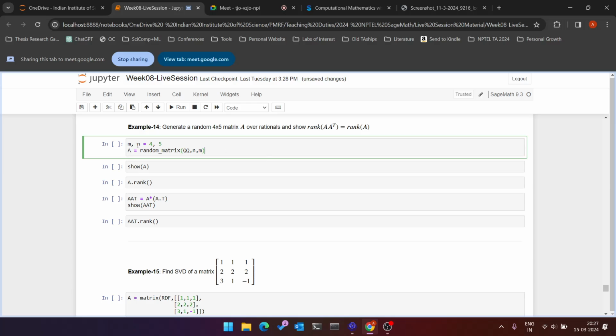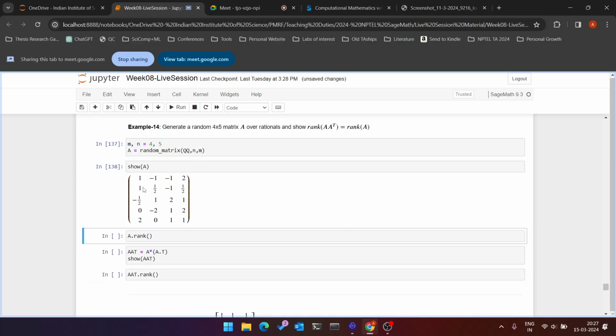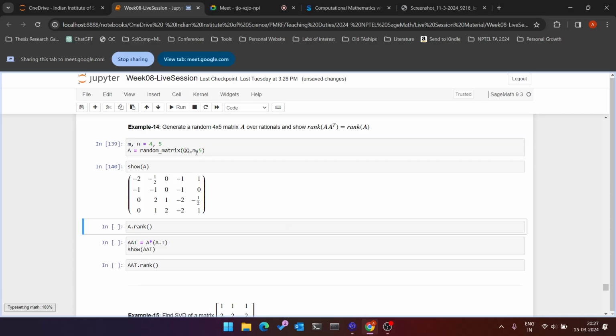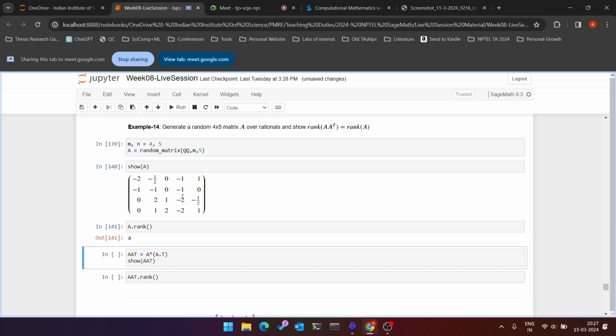So I write down M and N as 4 and 5 respectively, and A as a random matrix over the QQ field with N comma M. So if I show A, this is how A looks like, 4 by 5. Right? So 4 rows, 5 columns, sorry. And rank of A turns out to be 4.